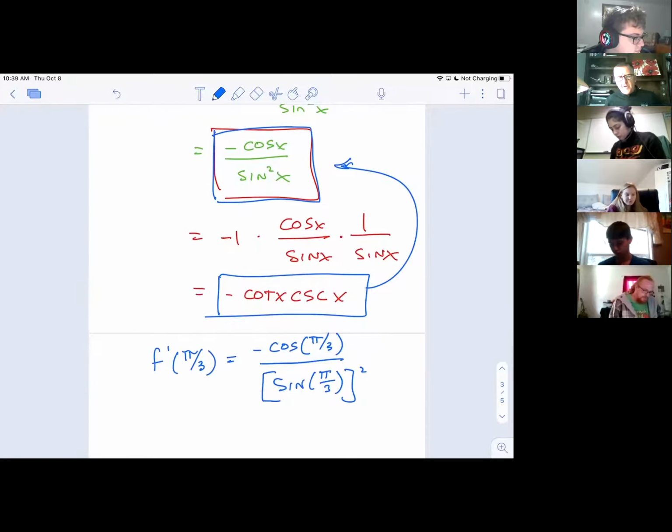But now look at your trig. Look at your unit circle. Remember, the cosine was the x coordinate of pi over 3, and the sine is the y coordinate at pi over 3. I'm going to look at mine, but I'm not going to unshare my screen to get it. If I'm at pi over 3, the x coordinate is a half.